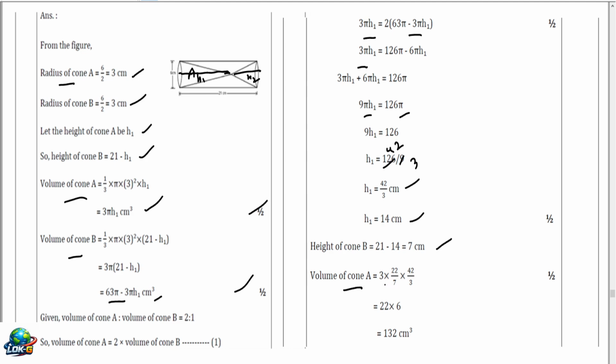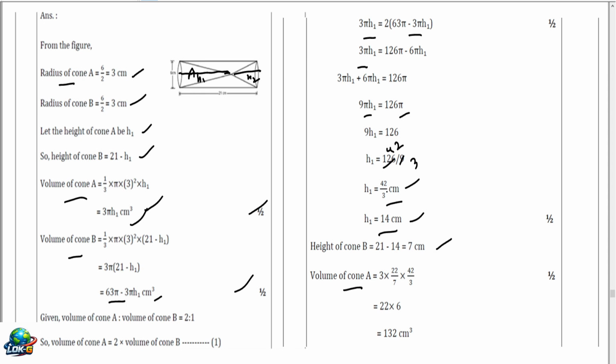Volume of the cone A will be 3 pi h1. Just now you got h1 as 14 centimeter. What is the volume of the cone A? It is 3 pi h1. What is h1?